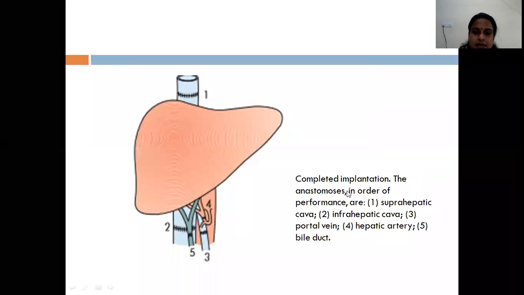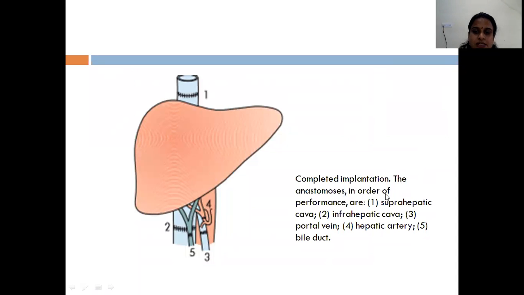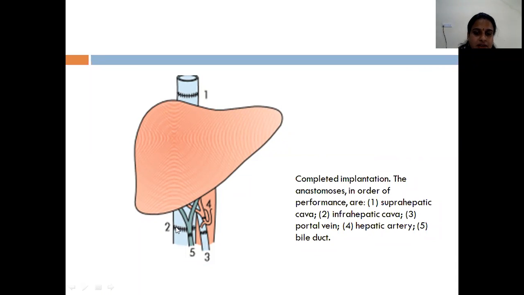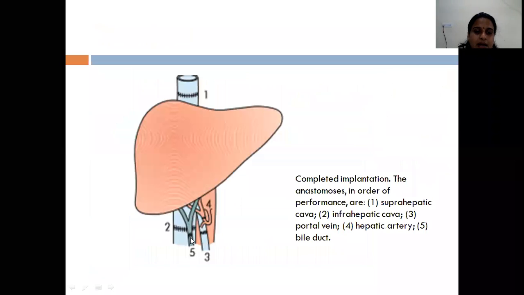So after completed transplantation, the anastomoses in the order of performance are: first the suprahepatic and next the infrahepatic inferior vena cava, then comes the portal vein. After that, the hepatic artery, and finally, the bile duct, duct to duct anastomosis is done. So this is completed liver transplantation.